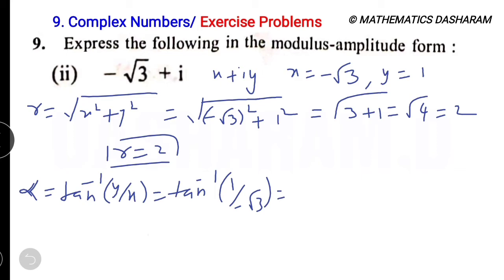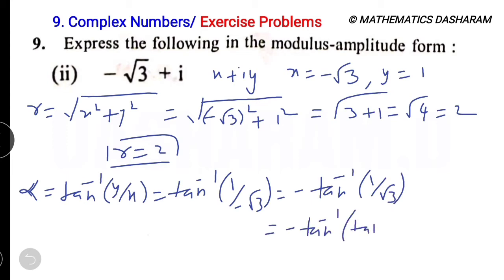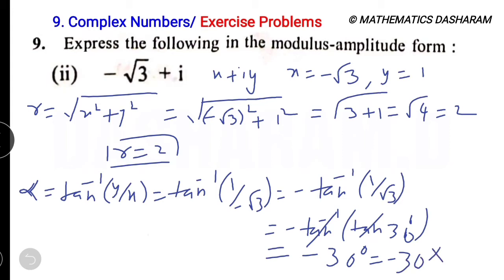So it equals minus tan inverse of 1 by root 3, which is tan 30 degrees. So tan inverse tan cancels, so minus 30 degrees. Convert this minus 30 degrees into radians, so multiply with pi by 180. So alpha equals, actually here we got negative, but you should consider it as positive, so pi by 6.